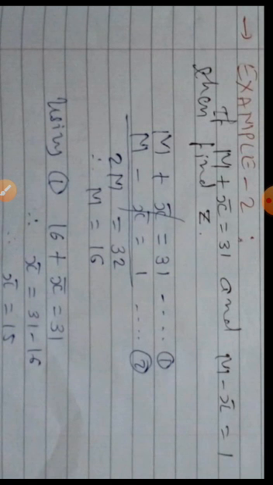Now how to solve the equations is not the point of this lesson, that is algebra. I just put both equations one below another: m plus x bar is given as 31, m minus x bar is given as 1. You will always be given these types of very simple equations only.